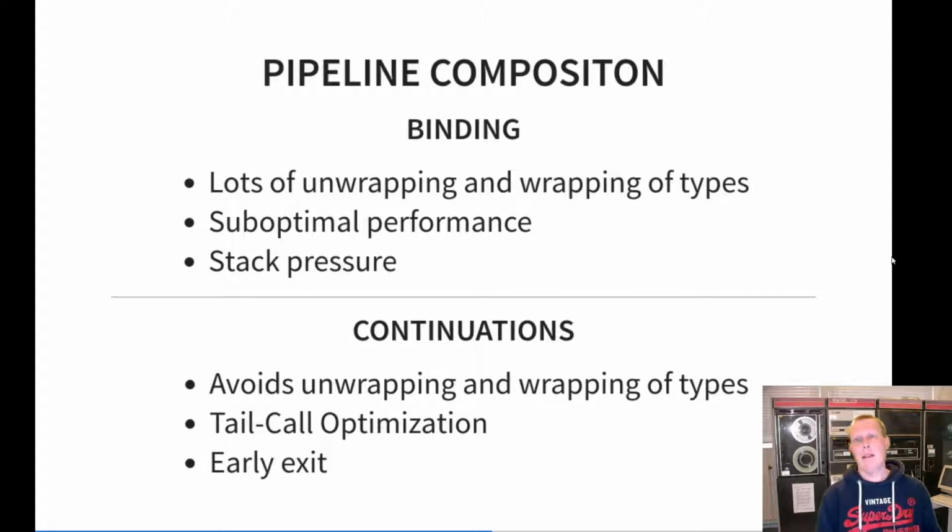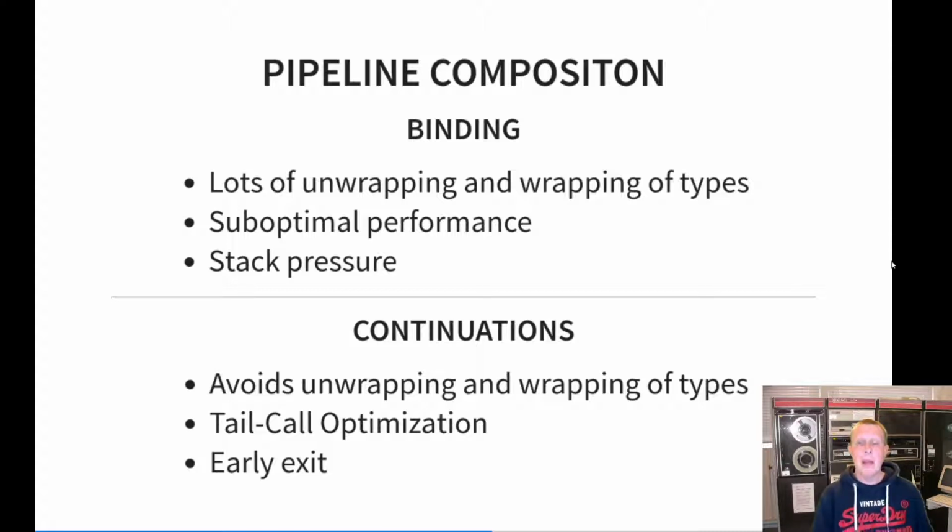So the ASP.NET Core people, or I don't know if it was them, but it's a known trick, is that instead of pipelining the traditional way, you can use continuations, where you pass in the next part of the pipeline explicitly, so that the middleware working on something will in the end call the next function. It's actually called next, and it just calls it with the context, and that will trigger it, and then you can avoid a lot of these unnecessary wraps and unwraps.